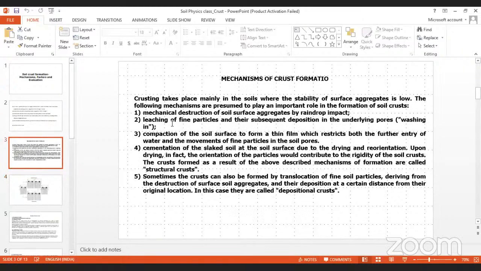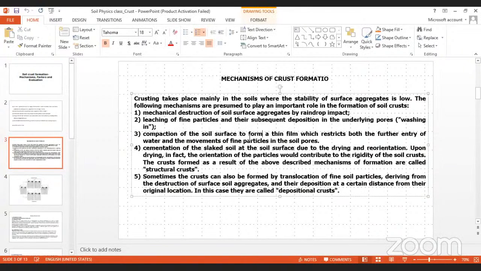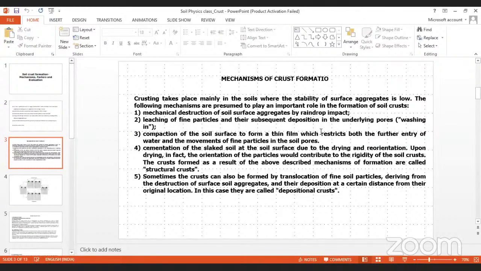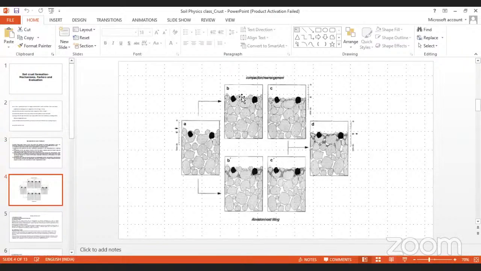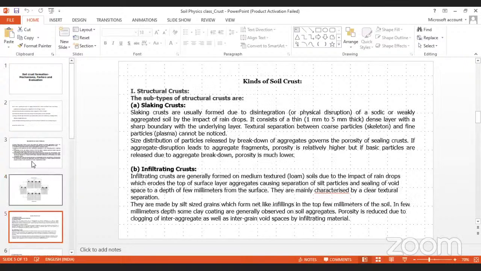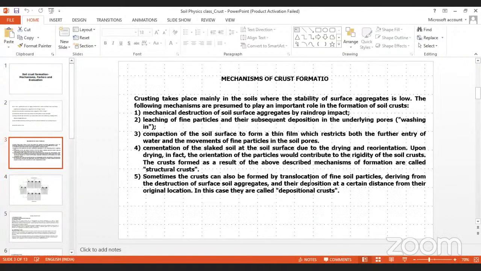Next, the compaction of soil surface forms a thin layer, which restricts the further entry of water and air. Then cementation takes place due to rapid drying of the soil by sun radiation, and then the crusts are formed. Some crusts are formed by translocation of disintegrated soil particles to other places. They are called translocational or depositional crusts.